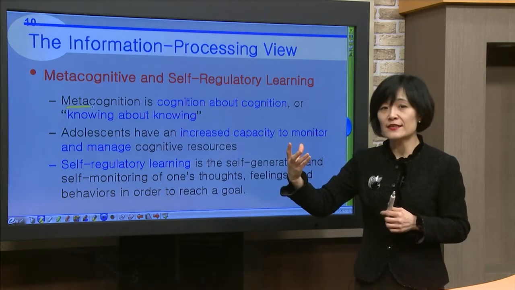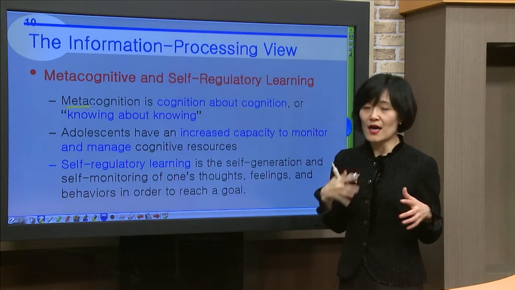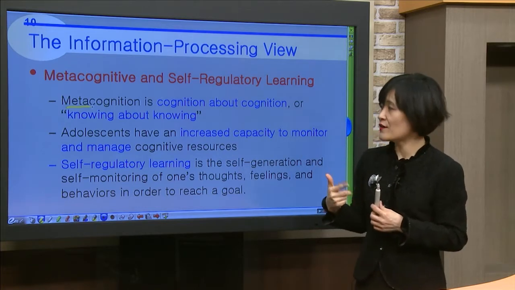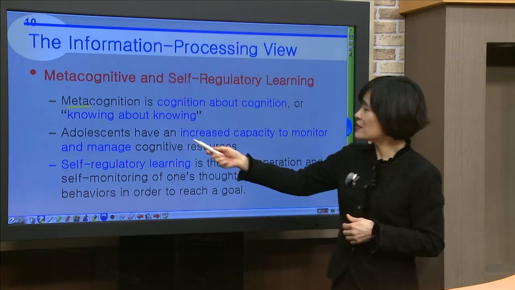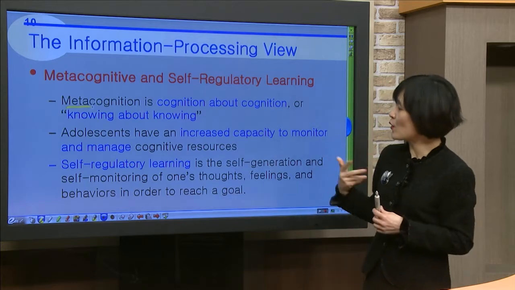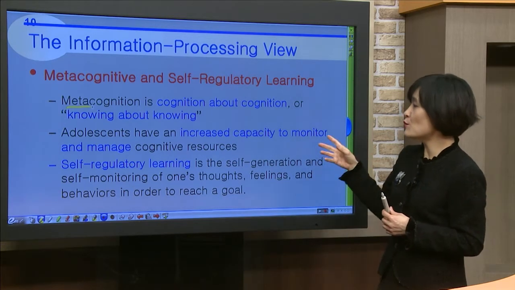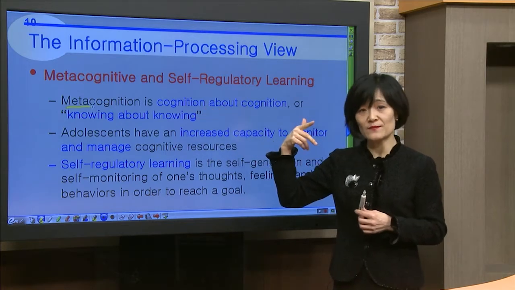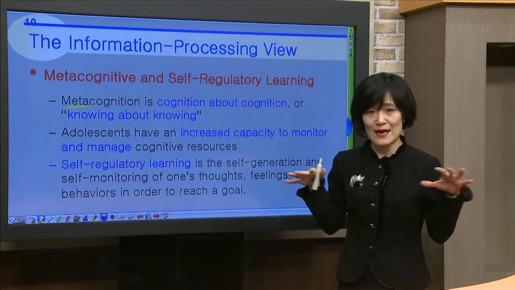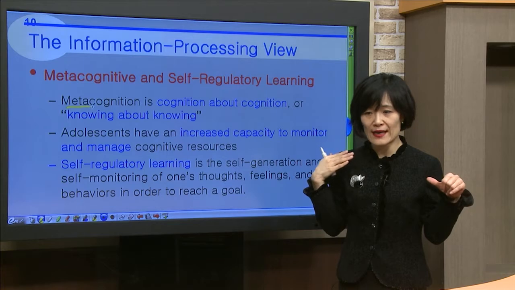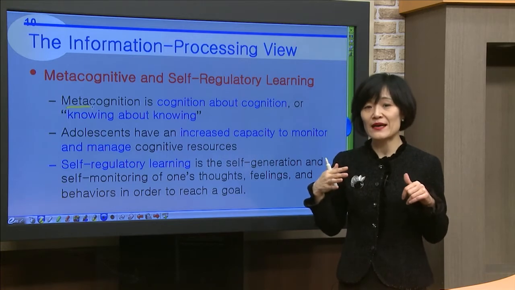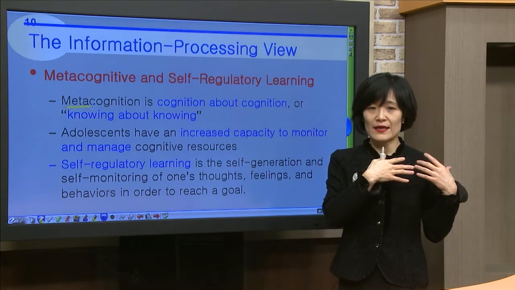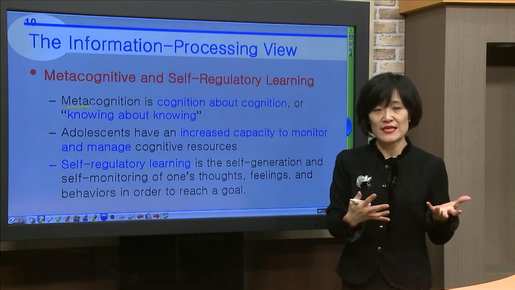That is necessary to handle complex information later on in our life. So adolescents showed an increased capacity to monitor and manage, and that's why they can have metacognition. We can monitor what's happening during my learning and my understanding procedure.